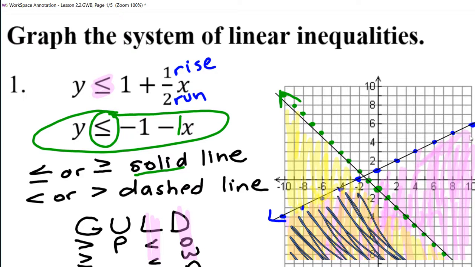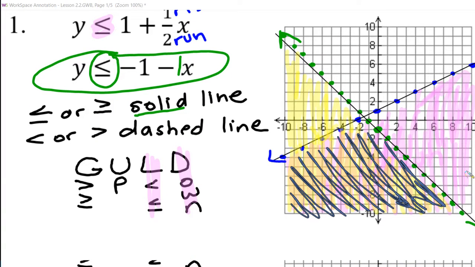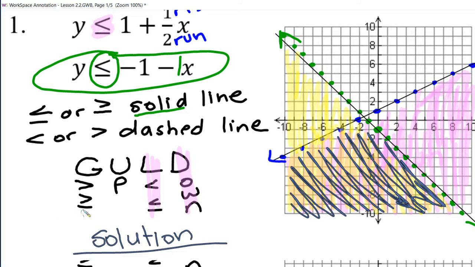Now on your test, they may ask you to write a point that is a solution. So in order for a point to be a solution, it has to be in the shaded area or on a solid line that adjoins the area.